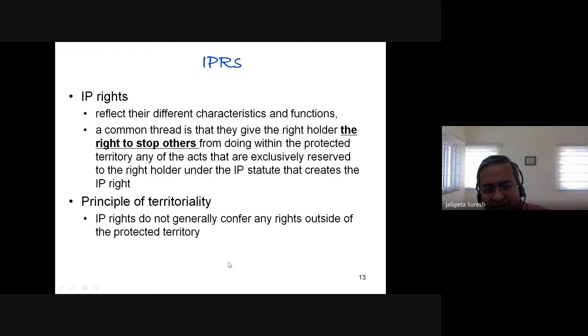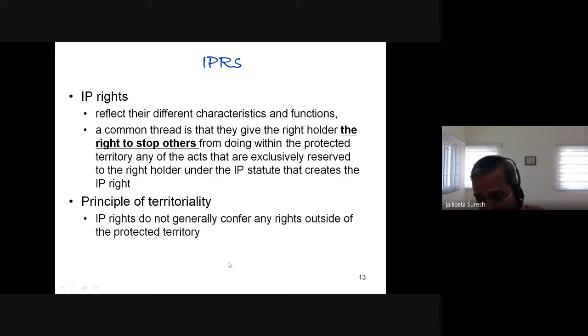And the second important thing is the principle of territoriality. This is a very important thing to consider. So for example, if I have a trademark protected, say in India, the question that would arise here is, if somebody uses my trademark in a country like the United States, can I stop that particular company from using it?